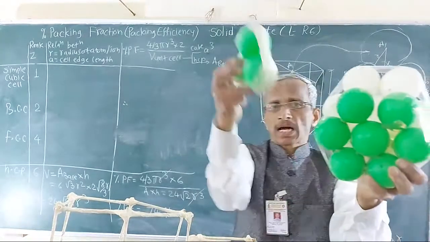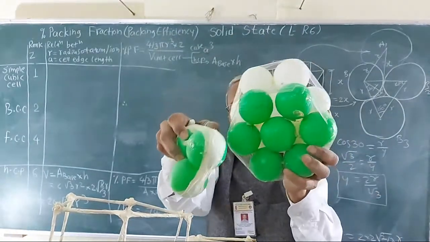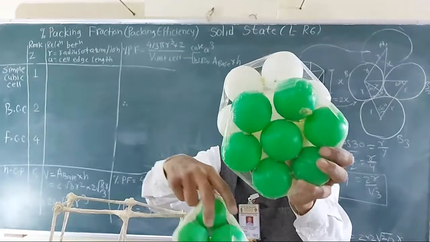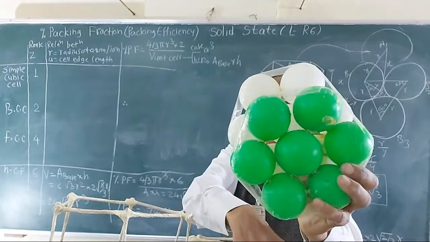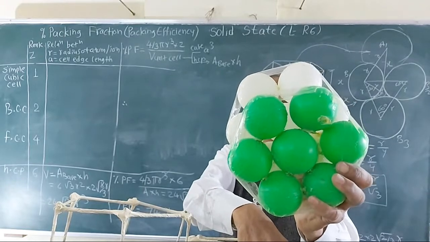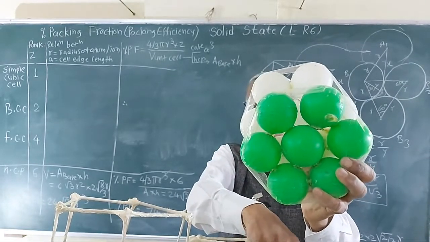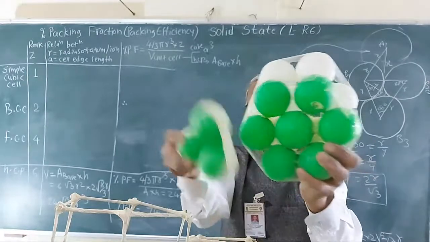And if the third layer is put on the octahedral voids, meaning the partly closed voids, then the CCP type cubic close packed structure is formed.